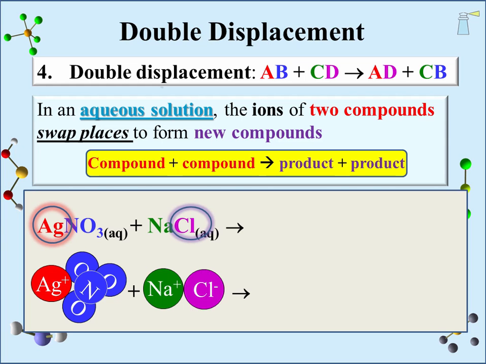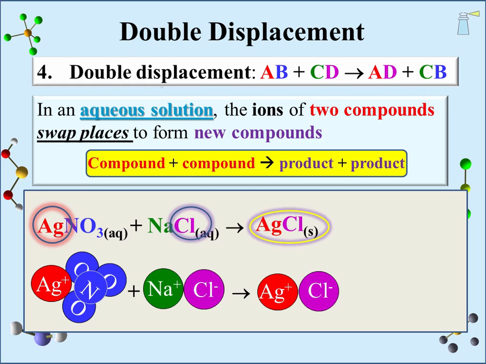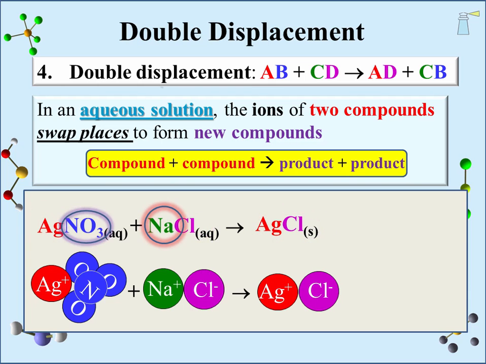These oppositely charged particles attract and form a compound, a solid. Silver chloride is the product of the reaction and precipitates out of solution. The sodium cation and nitrate anion are also attracted, but not enough to form a compound.